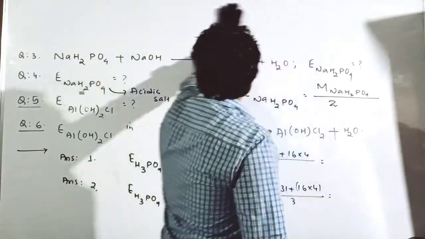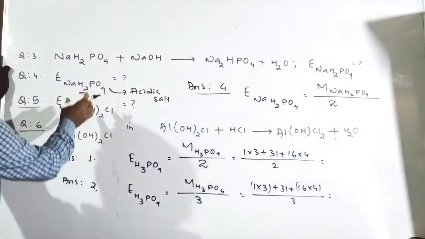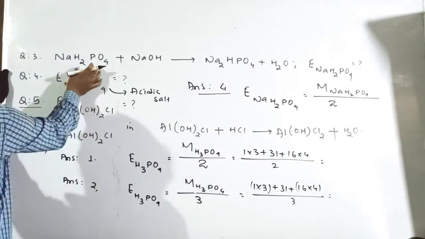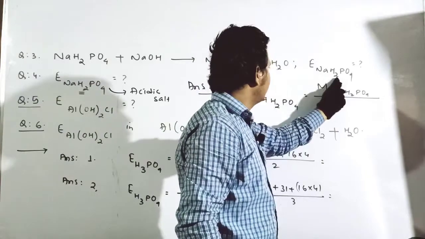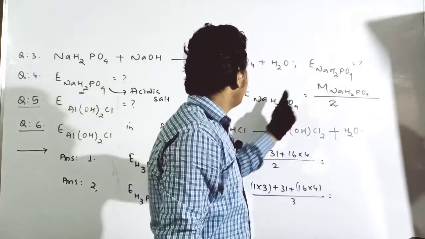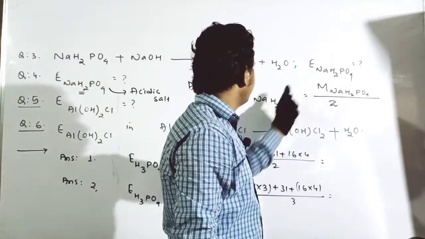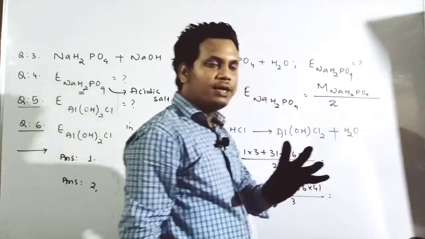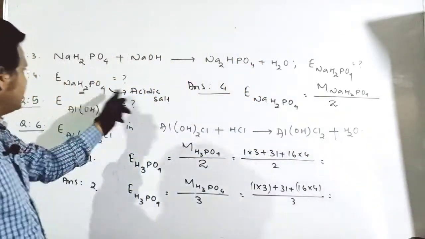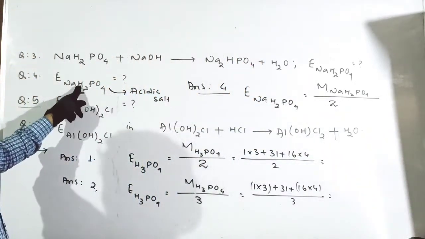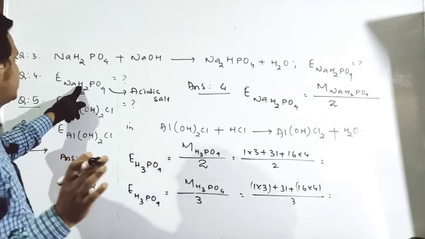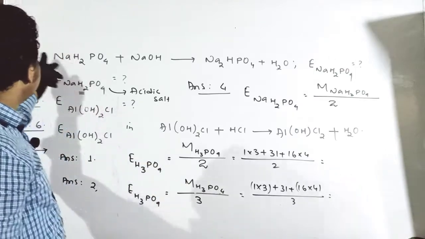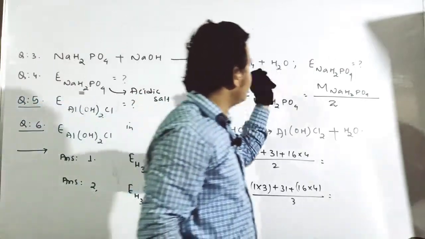For question number 3, the same compound is there, but you have to find it in the reaction. The compound is the same, the equivalent mass you have to find, but earlier it was separate. There we were given the number of replaceable hydrogen atoms. And here the same is asked in the given reaction.